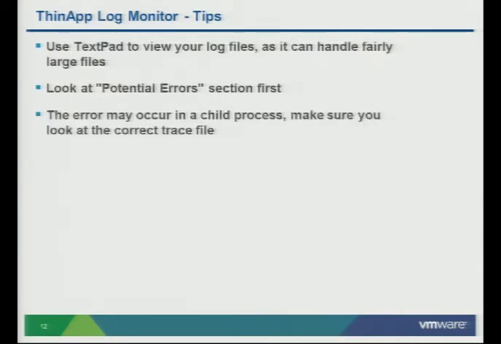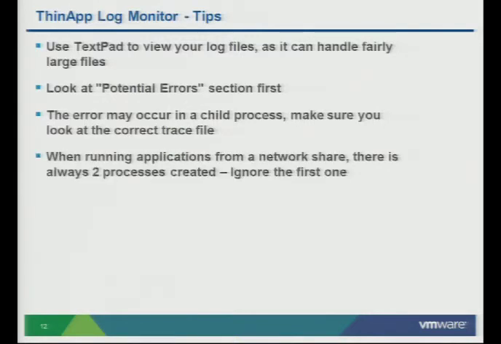Just make note that we will track child processes with different log files. So you may end up with 10 different log files being produced. And the error may occur in a child process instead of the main process. So make sure that you investigate all of the log files.